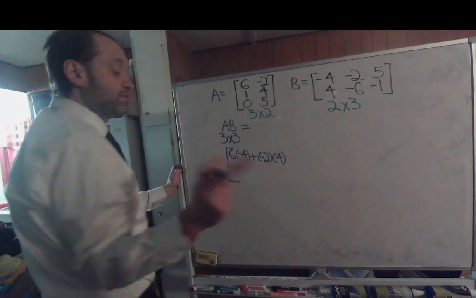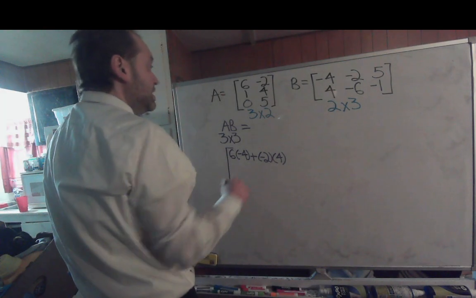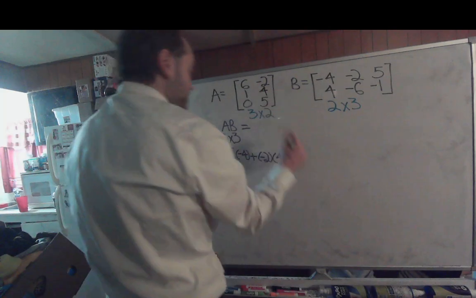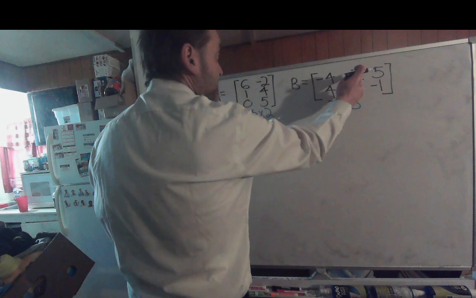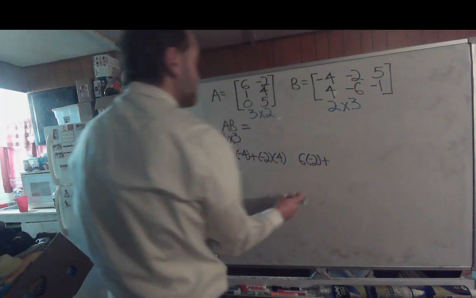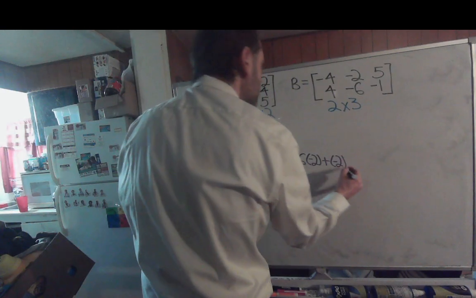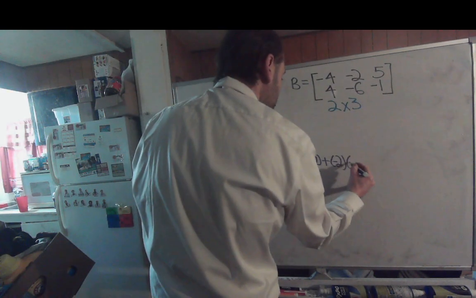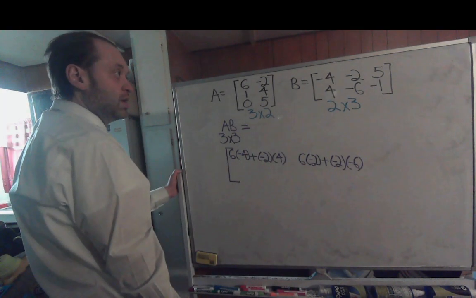And that's it for your first number in the first row. To get the second number in the first row, you'll take the first number of the first row, which would be 6, times the first number of the second column, which would be -2, plus you'll take the second number of the first row, which would be -2, times the second number of the second column, which would be -6, and that's it for the second number in the first row.